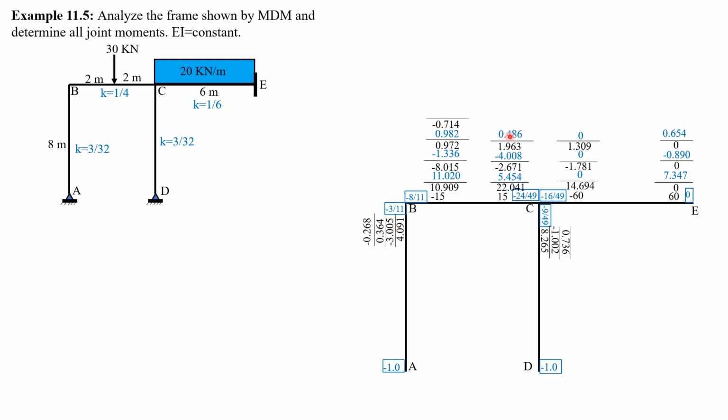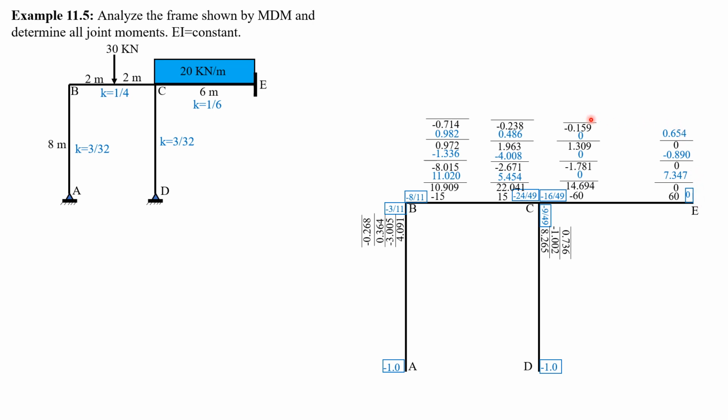Then 0.486 times negative 24 over 49, it is negative 0.238, lock partially. 0.486 times negative 16 over 49, negative 0.159, lock partially. 0.486 times negative 9 over 49, negative 0.089, lock partially. 0.654 times 0, lock partially.